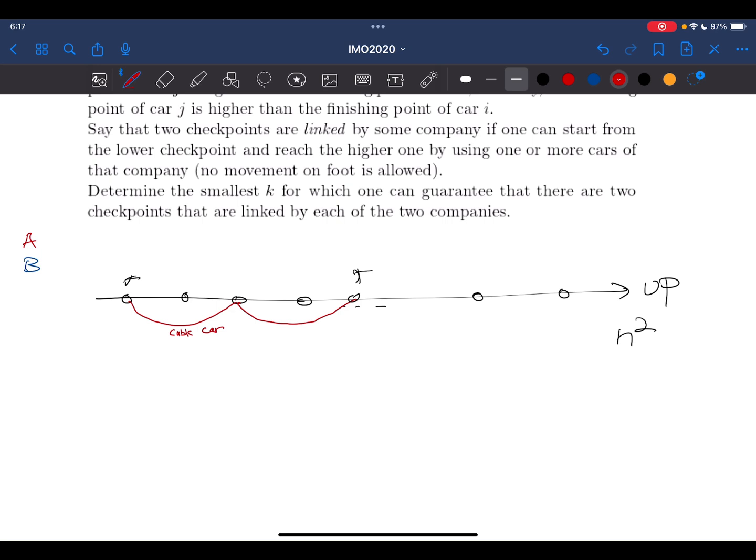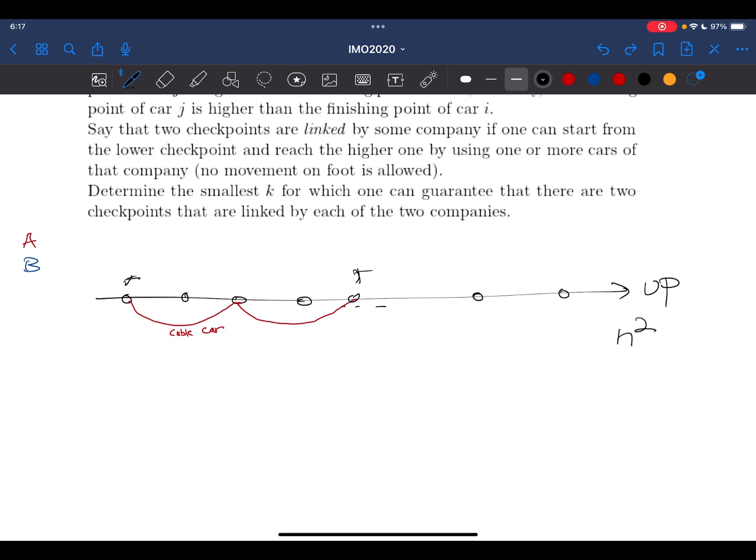So, for example, if I didn't have this cable car here, and let's say I had one from here to here, you can see that this checkpoint here is not linked with these checkpoints using cable cars from company A. But in the previous setup, these two were linked. Okay?